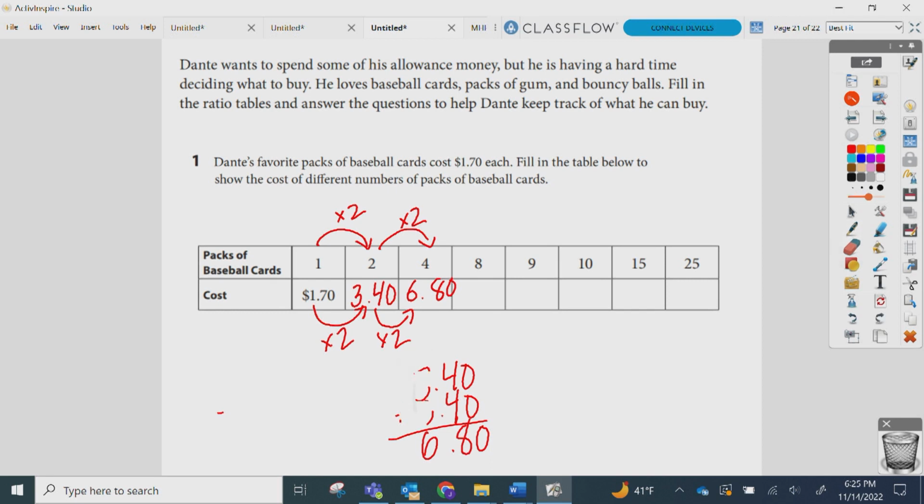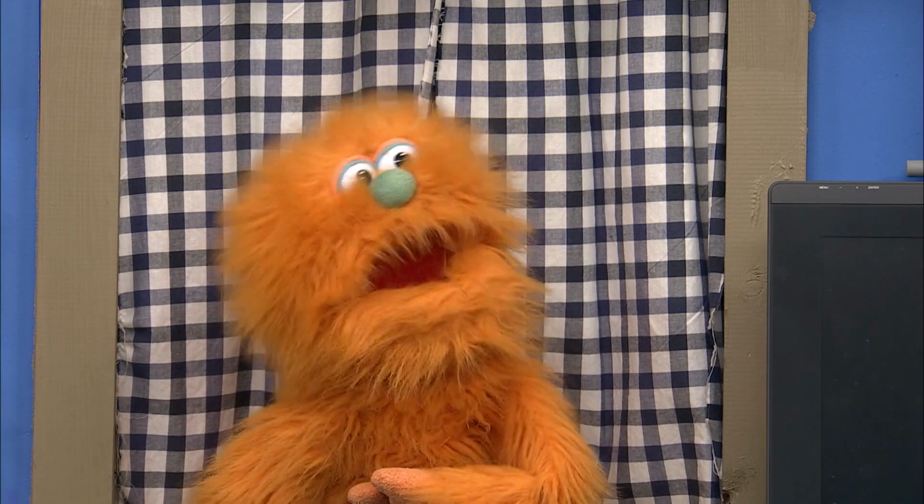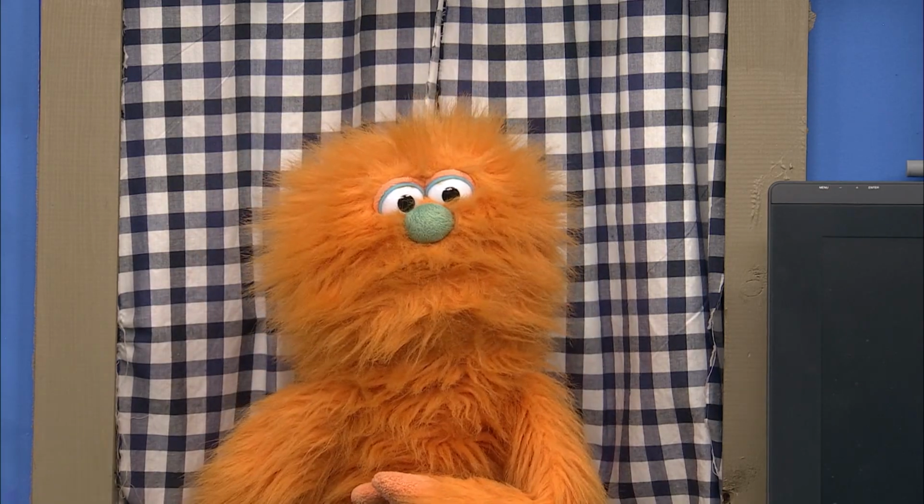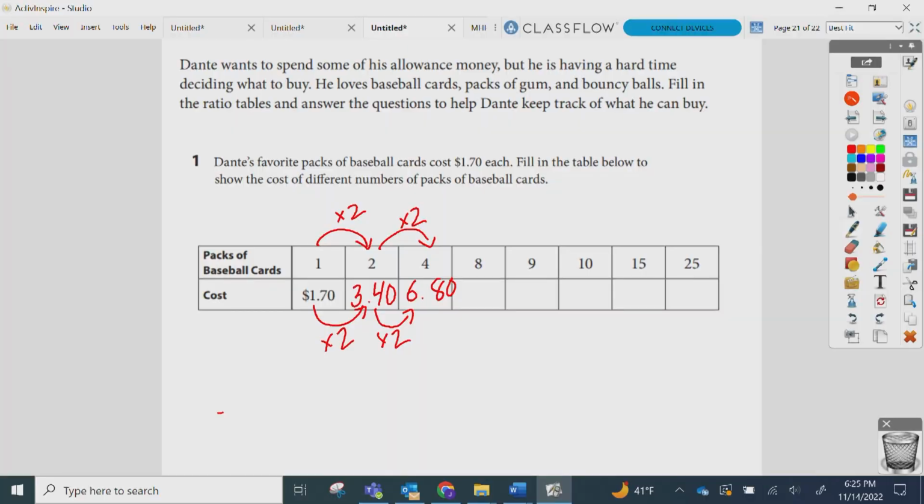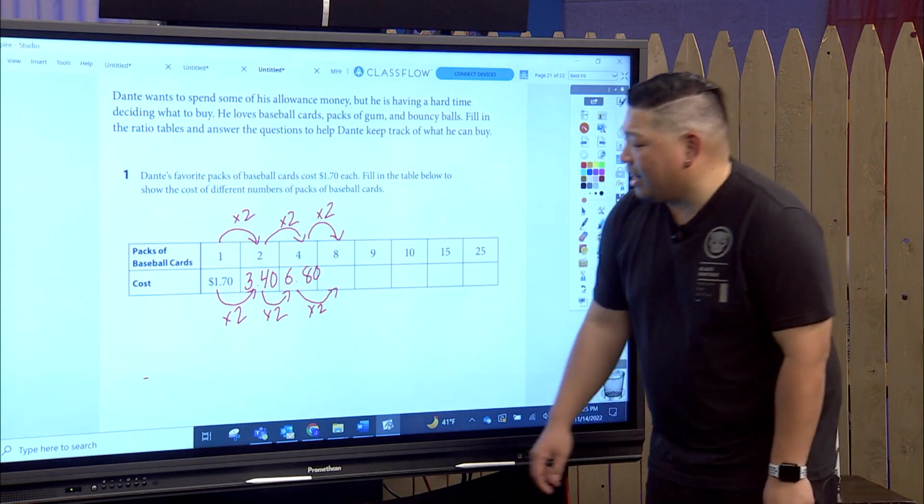Max, what do you think about the next one? So here we go. We're going from 4 to 8, which again is twice the amount. So we are again doubling, which we can do times 2, or just add it to itself. So $6.80.